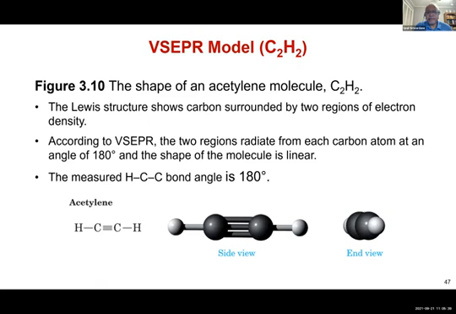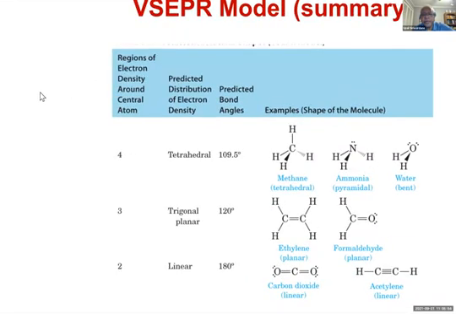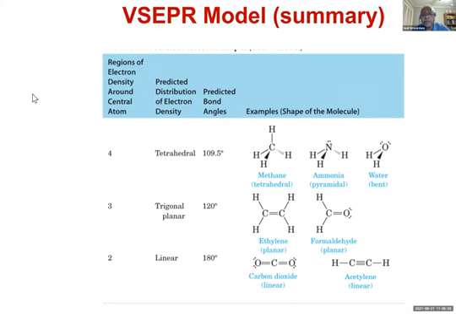The hydrogen-carbon bond angle is 180. VSEPR summary. So you can look into different geometries. If it is tetrahedral, the angle is close to 109.5.